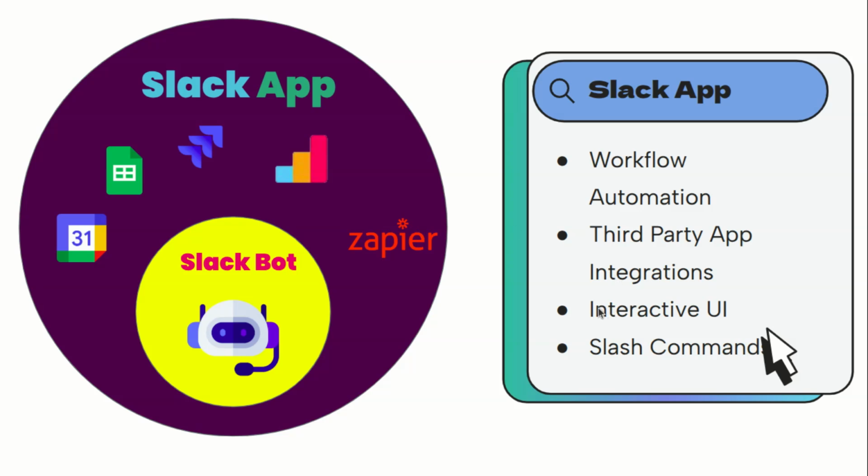It has different interactive UIs. You have buttons and about sections. You can do a lot of things from Slack, and it also has slash commands that can be useful for connecting all the dots together, right? So this is the Slack app, right?